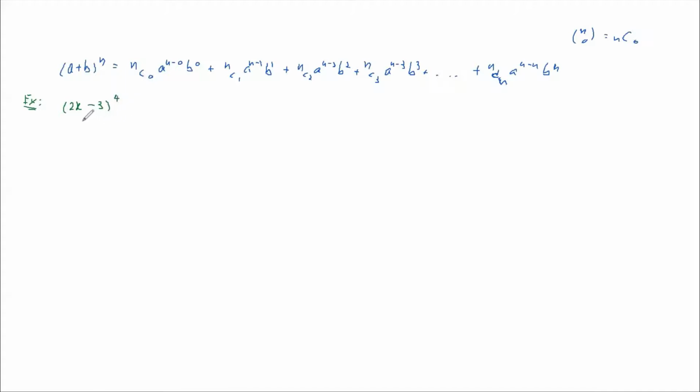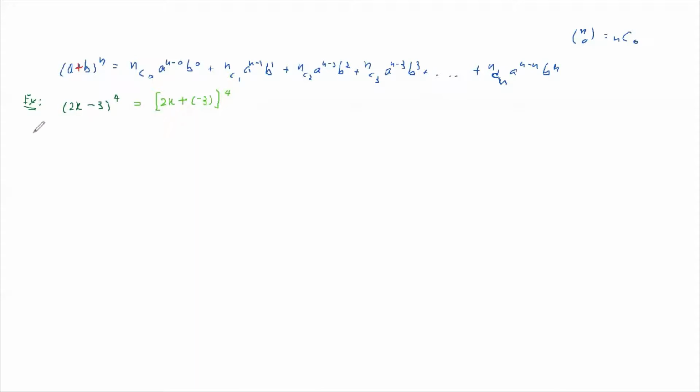In this case, our formula has a plus, but now it's a minus sign. So you can write it in this pattern, following the formula: (2x plus negative 3), and the whole thing power 4. You break it down in this pattern and then use the formula.